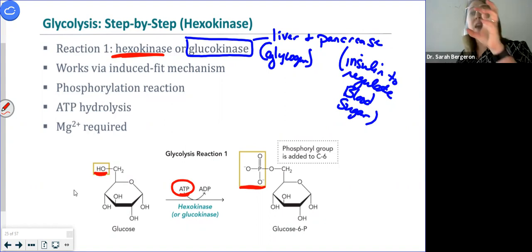So what do you think an enzyme is going to need in order to facilitate addition of a negative functional group? Some positive charges to balance it out.